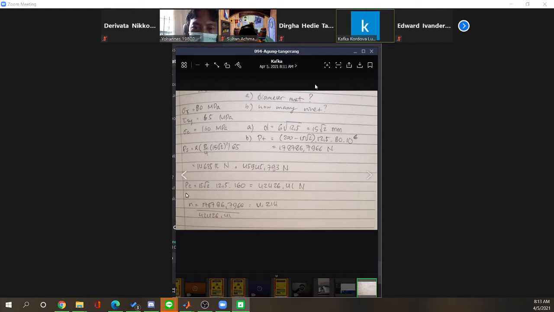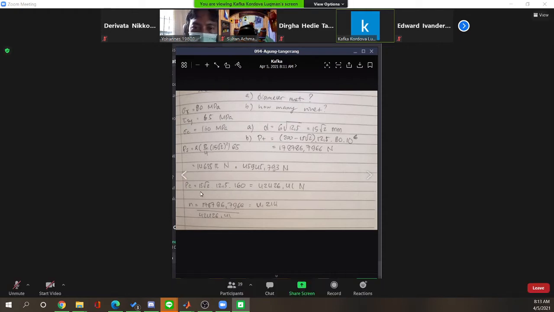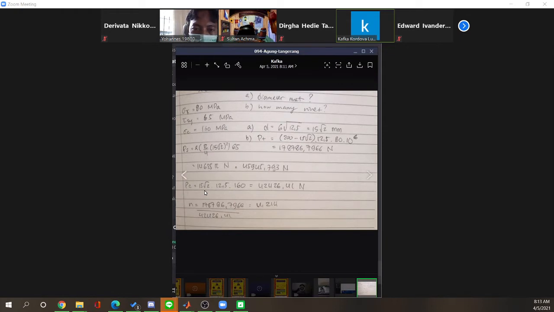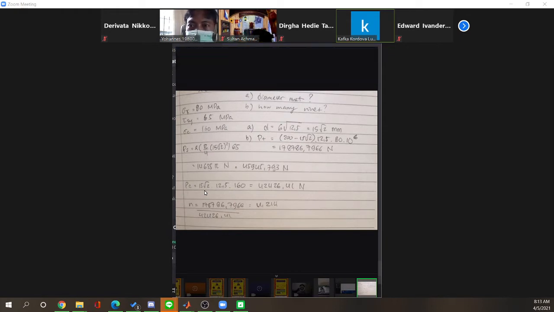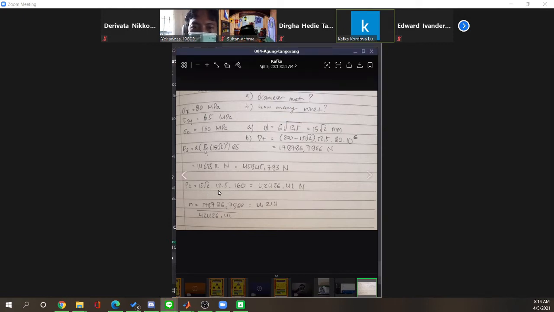And then the compressing load, the formula is the diameter times the thickness, and then the compression strength, and this is the number.